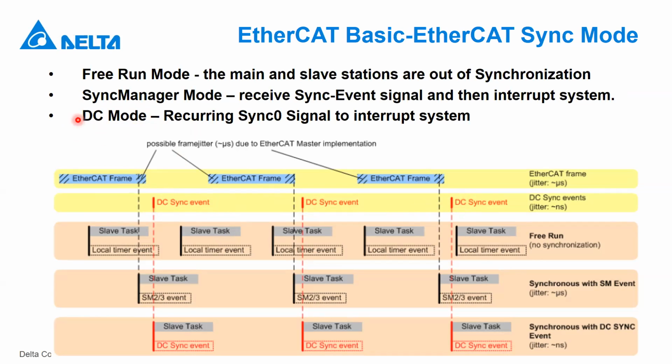This is the most common one in the EtherCAT master, and we also have free run. Free run means once you get the packet from a master, then you will have some interaction immediately.